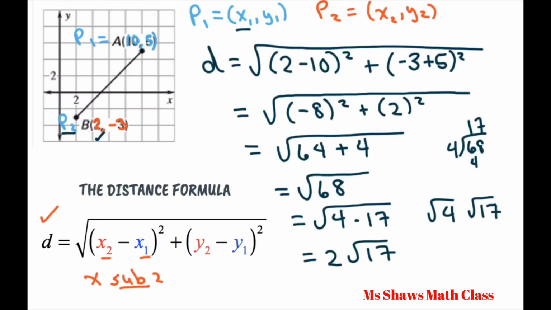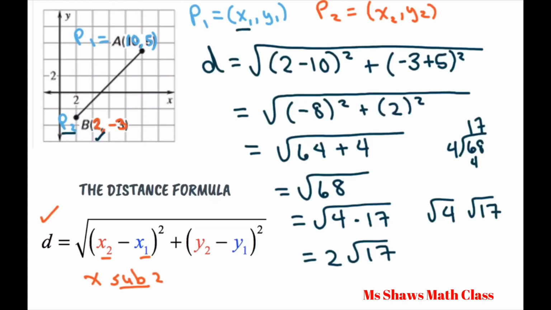So point 1 is your x sub 1, y sub 1. And then point 2 is your x sub 2, y sub 2. And then we merely plug everything in the formula.